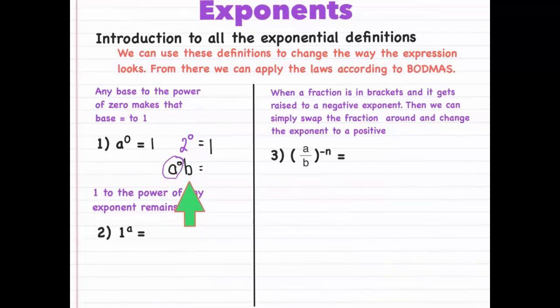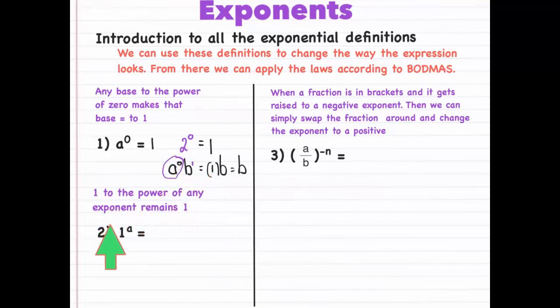This b still has a power of 1, right? So only the base that has a power of 0 becomes a 1. So basically in the place of a to the power of 0, we put a 1, and then we still have the b. And that gives us 1 times b equals b, right? Okay, so don't forget it's only the base to the power of 0 that becomes a 1.